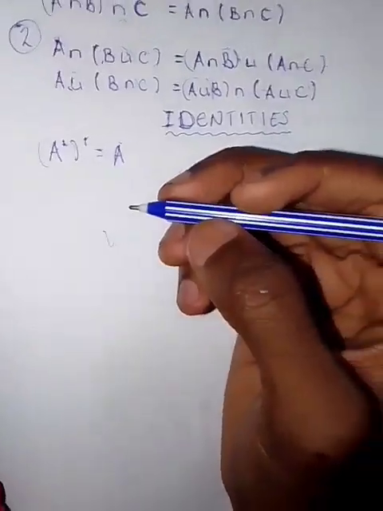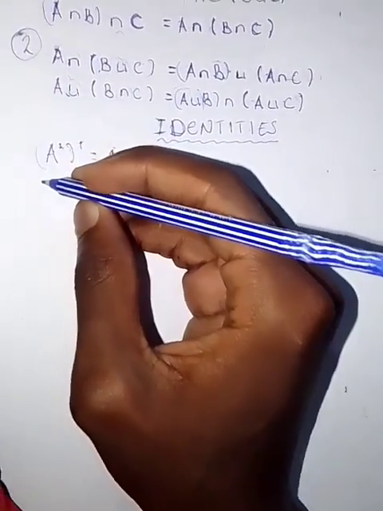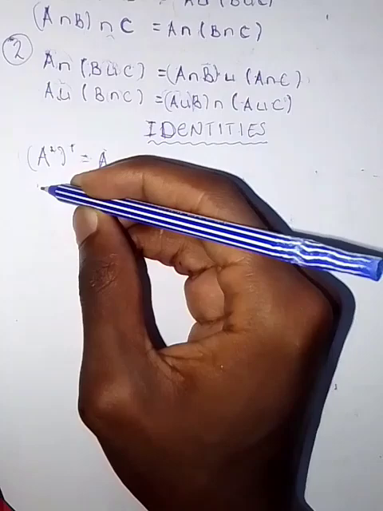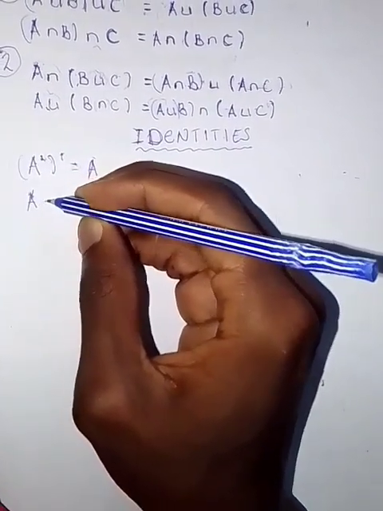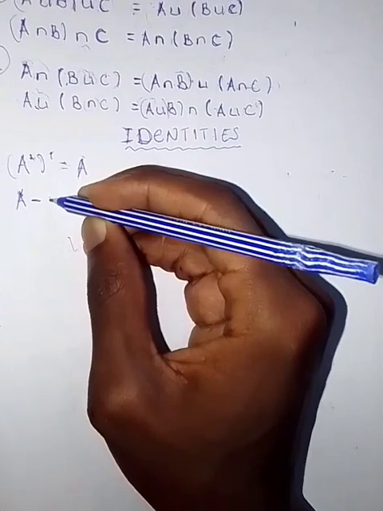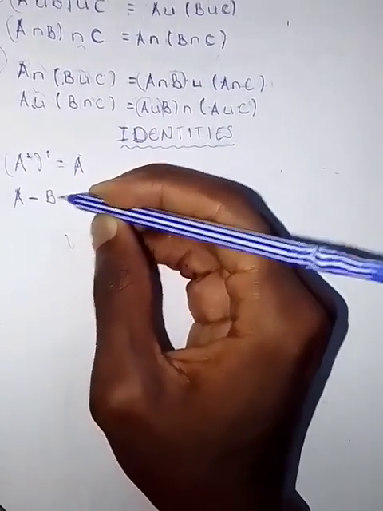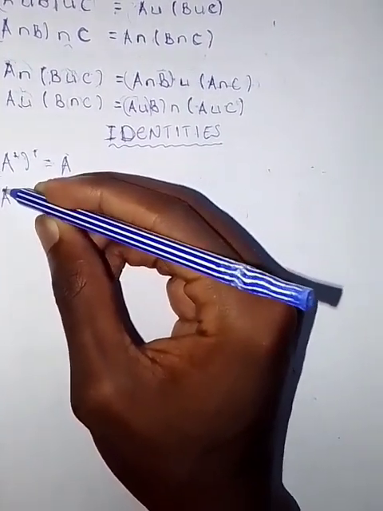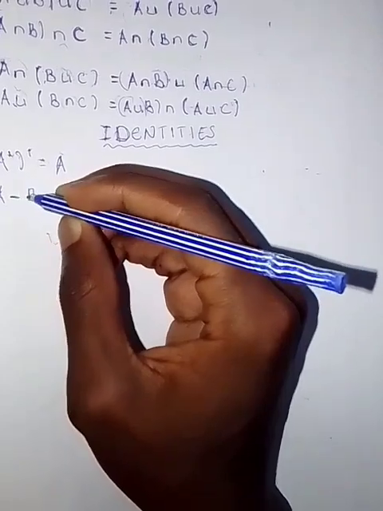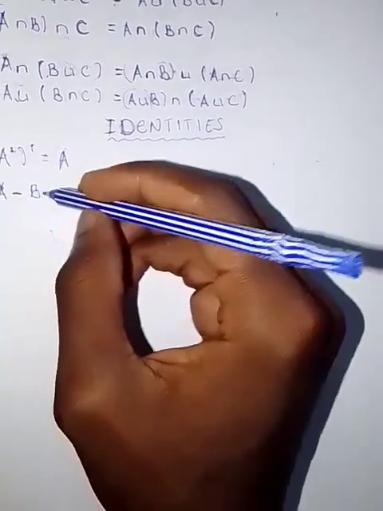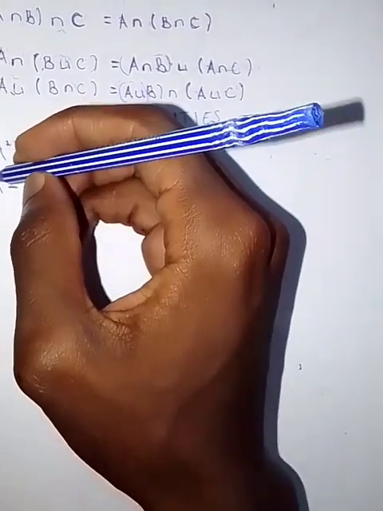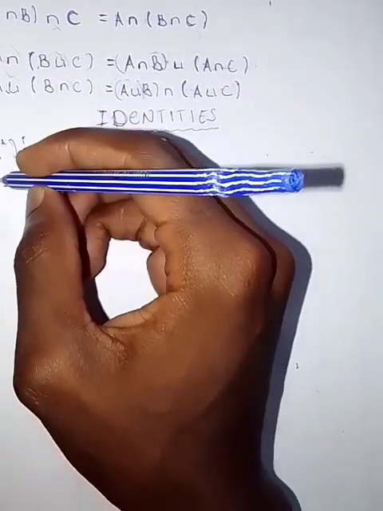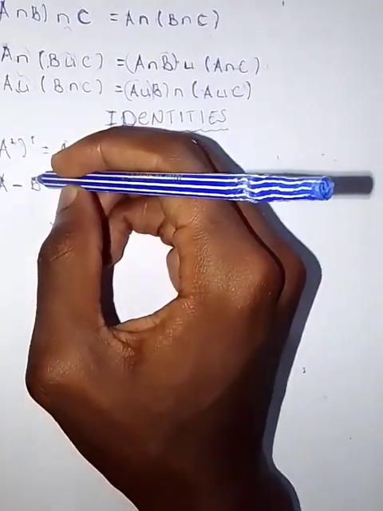The second identity is, let's say maybe we have two sets, A minus B. In a case where there is a difference of two sets, where we are subtracting two sets, it simply means the elements that are found in this set but are not in this set.